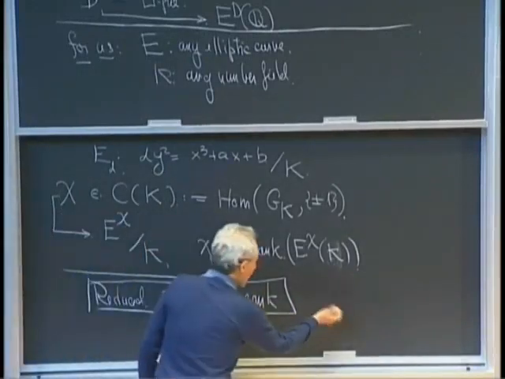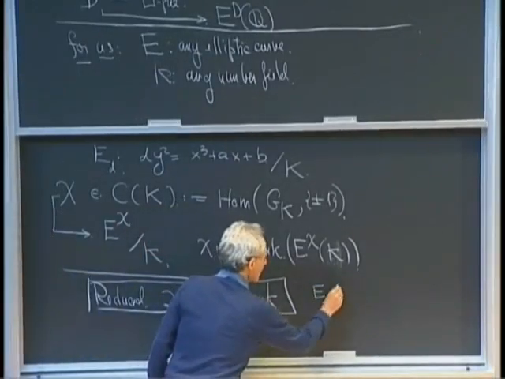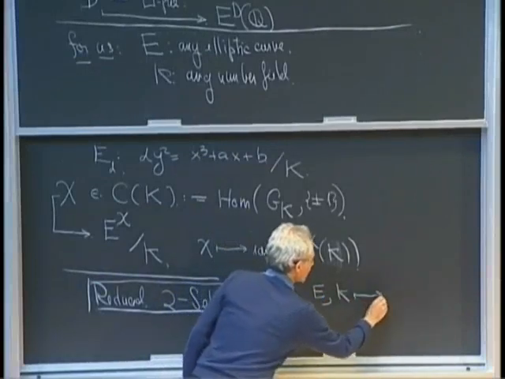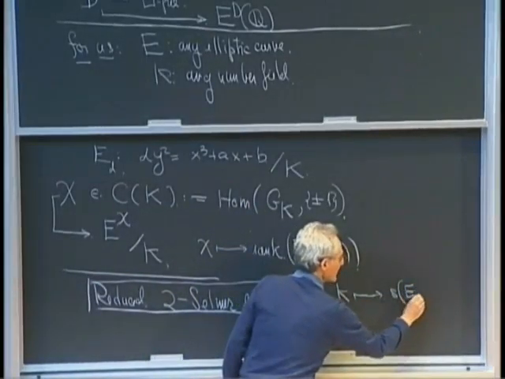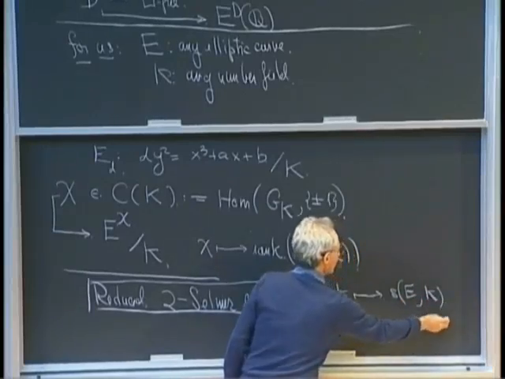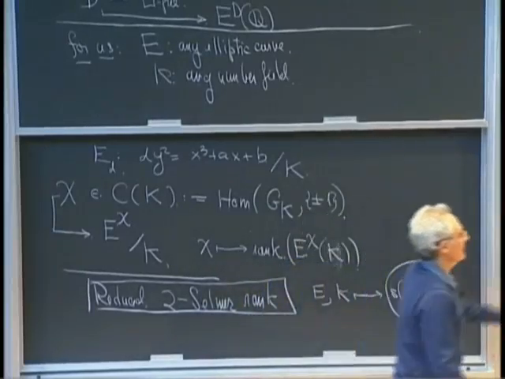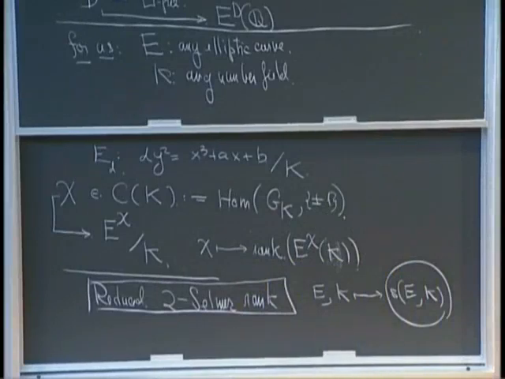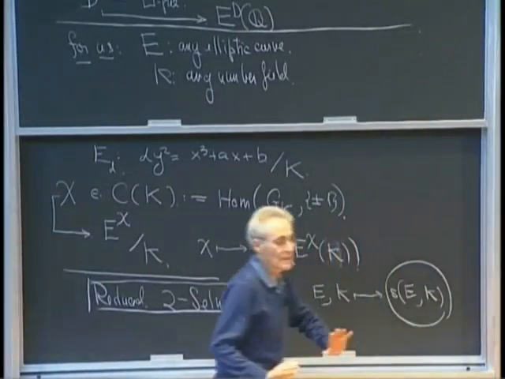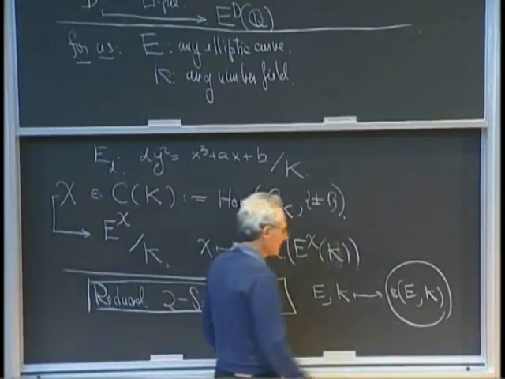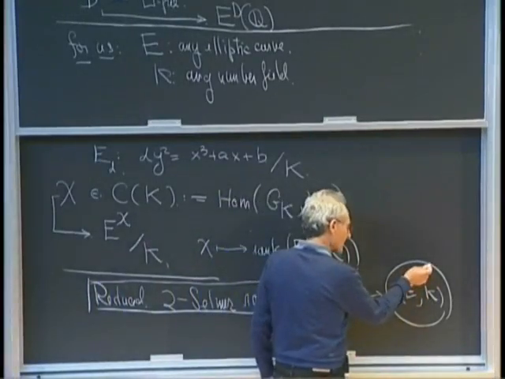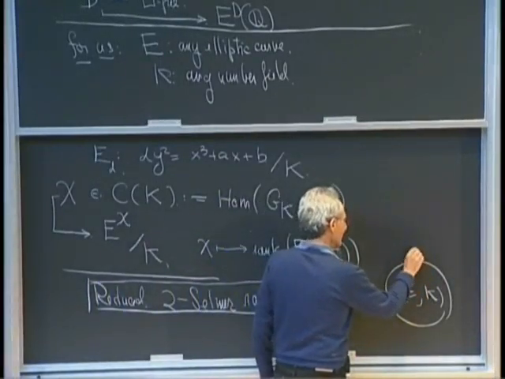So for any E and any K, I'll be discussing this number. It's a number, the reduced two-Selmer rank of E over K. And all you have to know for the moment, although later we might get into the structure of how we deal with this and how we work with this, is, first, it's an integer.